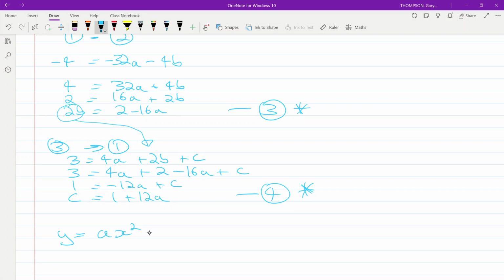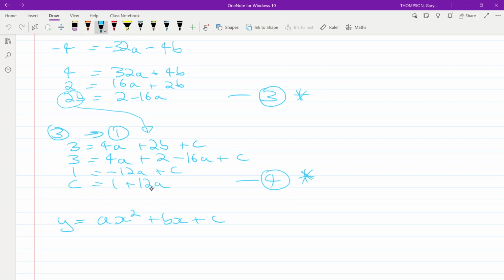y equals ax squared plus bx plus c. If I know I have 3 pronumerals, a, b, and c, I can choose any one of them to be any number I want to satisfy this equation. Because I want to make my life easy for myself, I'm going to set a, b, or c to 0.